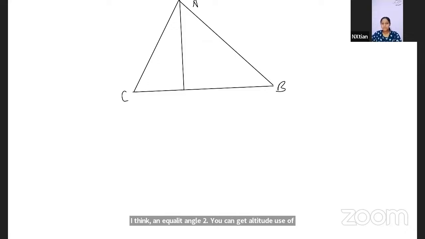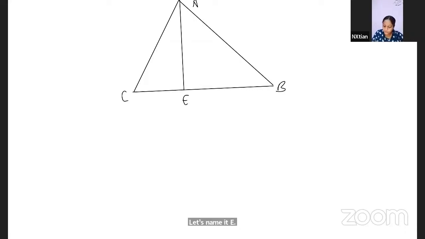Okay, so this is my altitude. Let's name it E. The altitude AE will form 90-degree angles. Yes, it will form two 90-degree angles. Now let's take it from the C vertex.